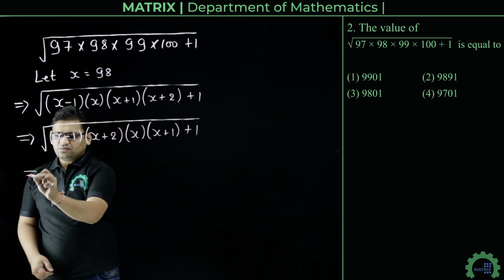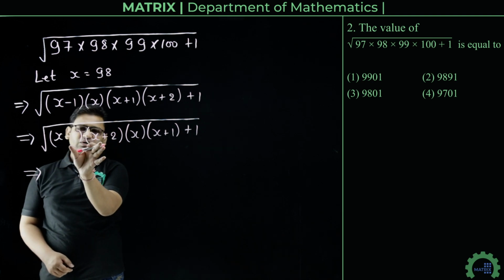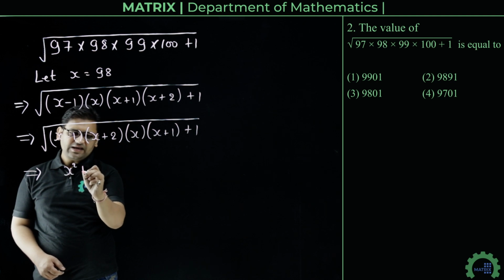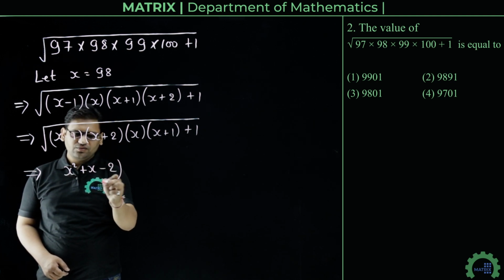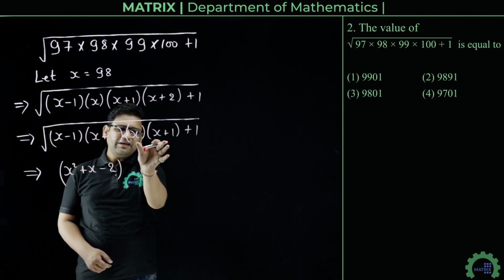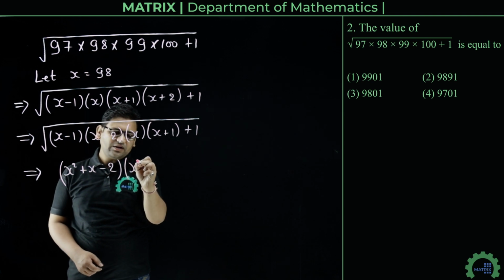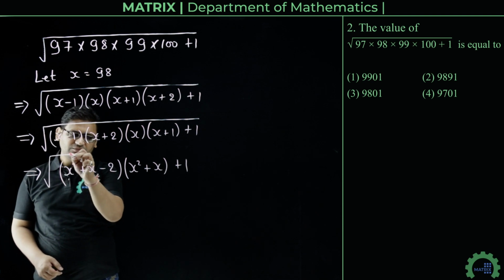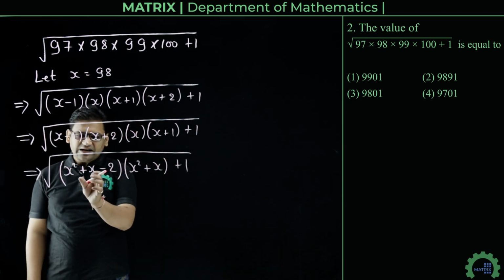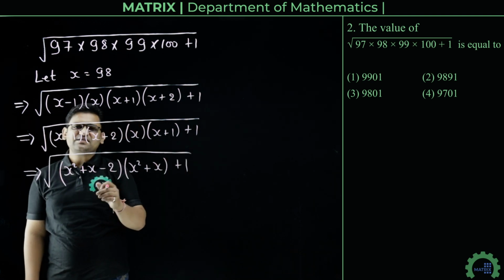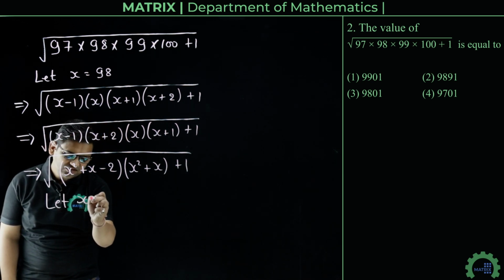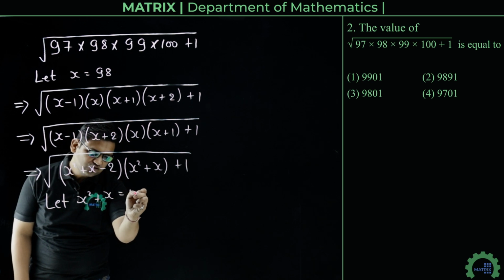Alright, so on multiplying these two terms we get x square plus x minus 2, and on multiplying these two terms we get x square plus x, plus 1 whole square root. Now let's take x square plus x as another expression y. Let x square plus x equal y.